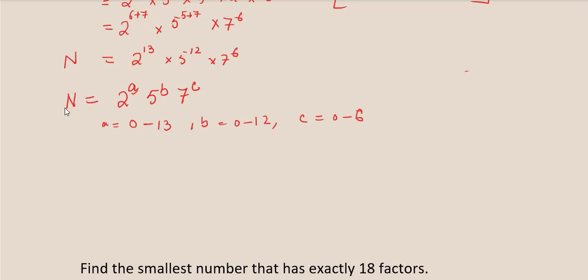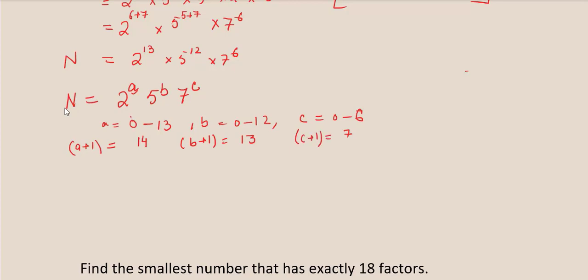As the range is 0 to 13, possible values are 14, possible values are 13 for b and possible values are 7 for c. And that is why, when I told you how to multiply, it must be written as a plus 1. Means a plus 1 is 14, b plus 1 is 13 and c plus 1 is 7.